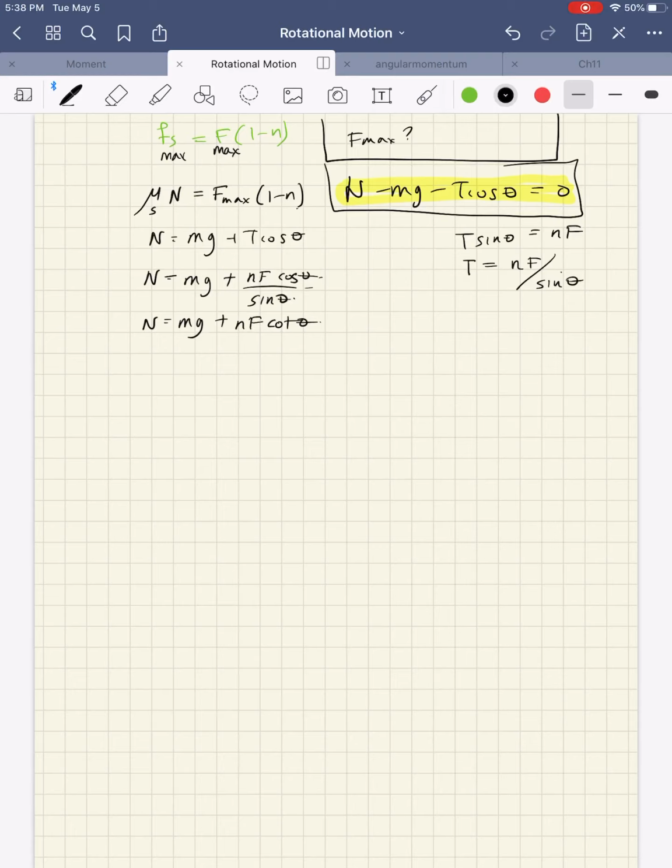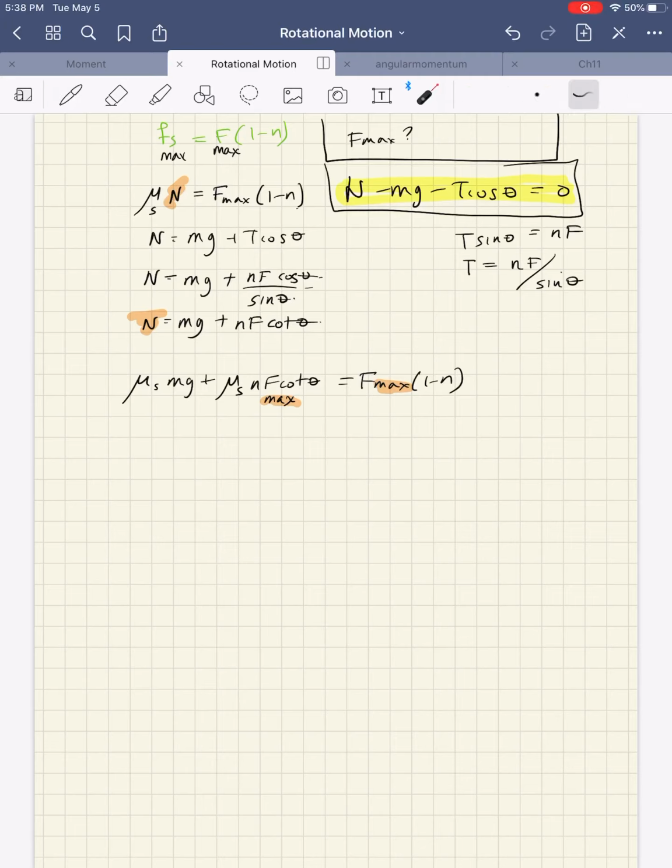And then I'll take this normal force and plug it into my maximized force of static friction, and I'll get mu static mg plus mu static nF cotangent theta equals F max (1 minus n). Now, this is not just any F, this is also F max, so I should be careful here as I plug that in.